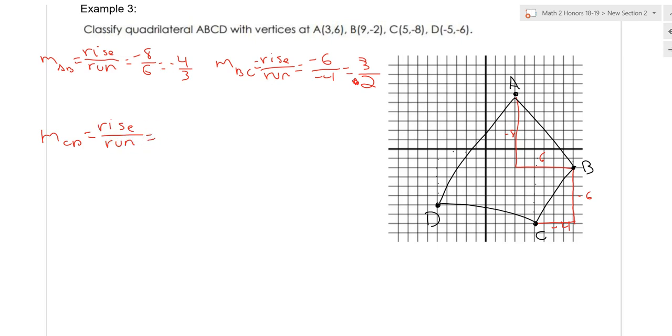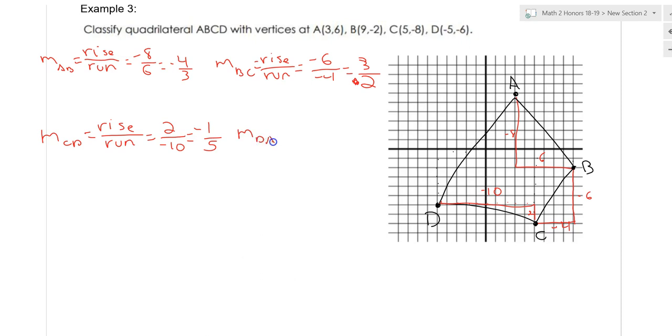The slope from C to D, right? We go up 2, left. How many? 1, 2, 3, 4, 5, 6, 7, 8, 9, 10. So up 2, left 10. So I should put that in that it's negative, right? Because left is negative. A positive divided by a negative is negative.